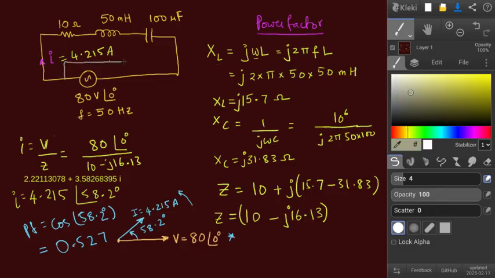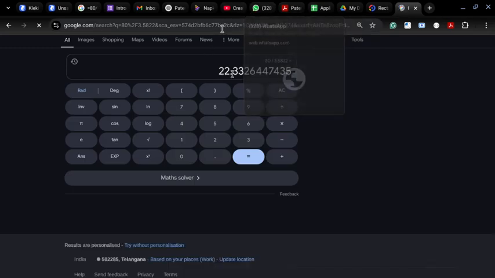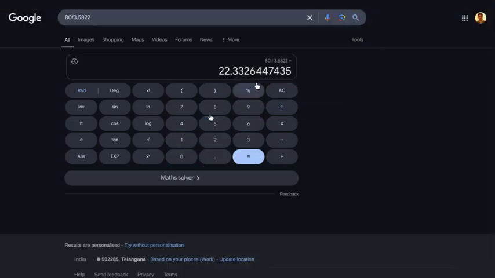So I'm adding a new branch here. Sorry, it has to be inductance. So the inductance here is 22.33. So the L will be 1 by 2 pi f.